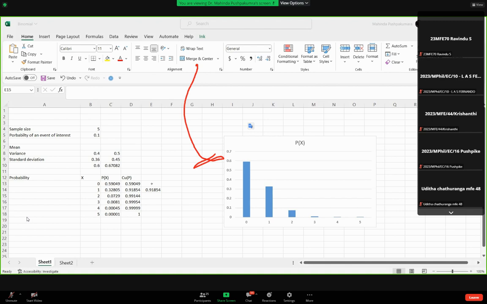Okay, then this is the way to find probability using Microsoft Excel.